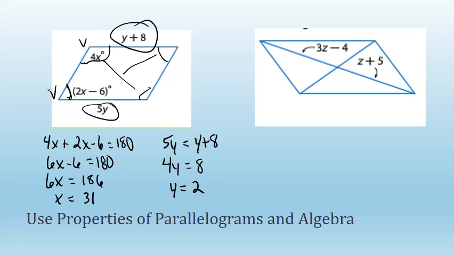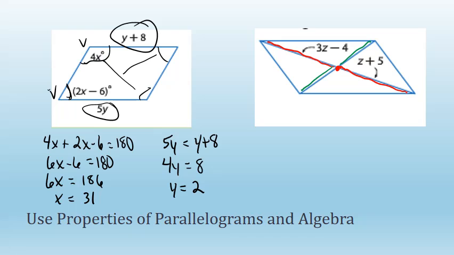And so if they bisect each other at this point here, then this segment is going to equal this segment, and this segment is going to equal this segment, bisecting, cutting them in half.